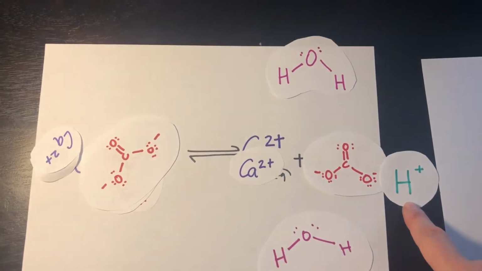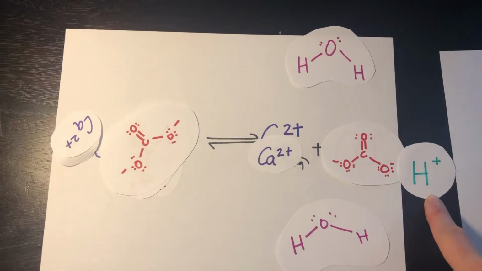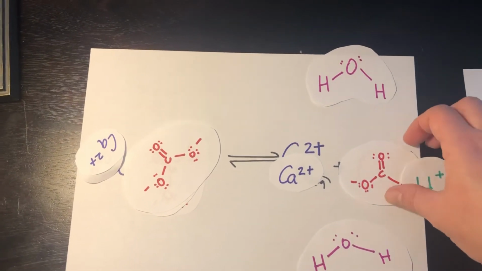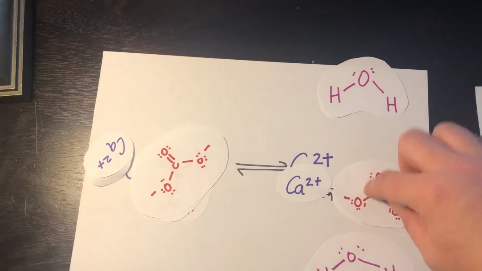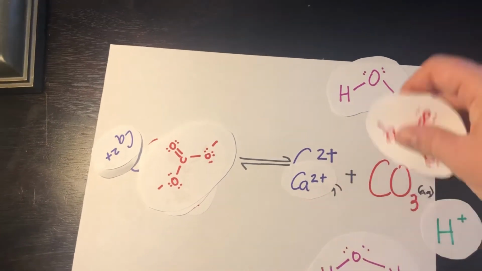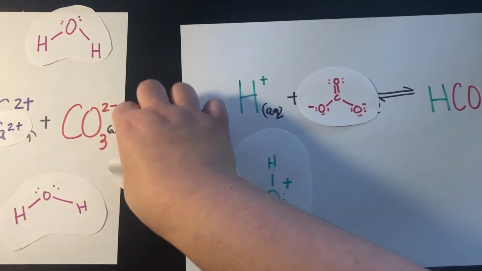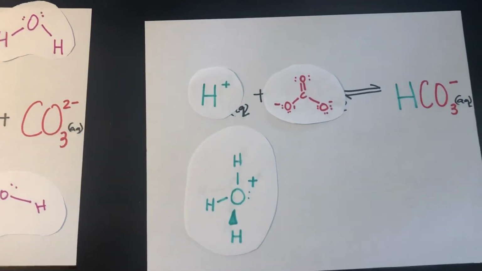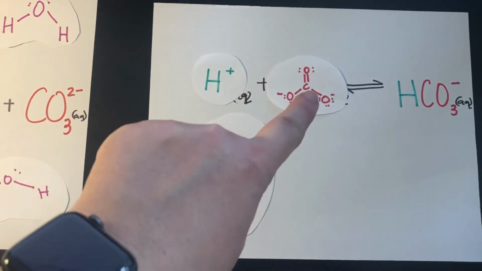I added some acid to my water, and now I have an acidic solution. That proton from the acidic solution comes and interacts with this actual ion from my conjugate base equilibrium and starts to form this second equilibrium. Same conjugate base, same carbonate anion.